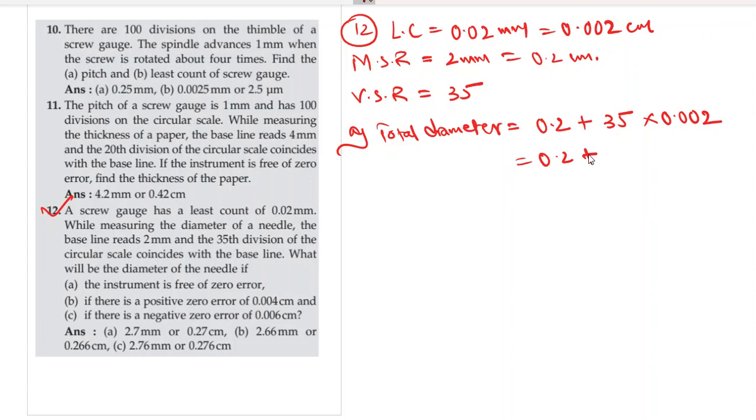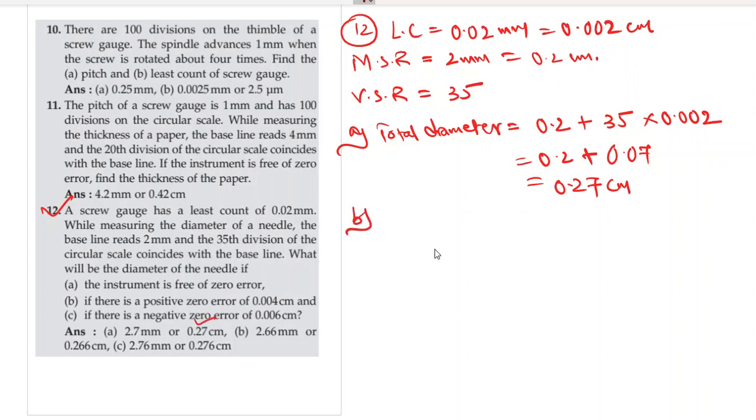Let me check and confirm. 35 multiplied by 0.002, 0.07, it is correct. So it is 0.27. Hey, what did I take? The total main scale reading in centimeter. Okay, 0.27 centimeter. Yes, absolutely correct. 0.27 centimeter.